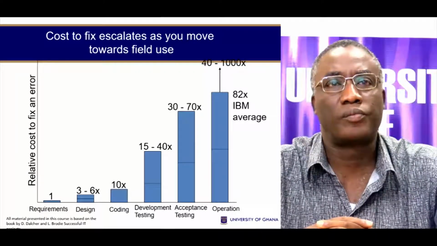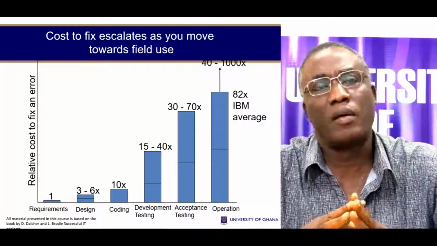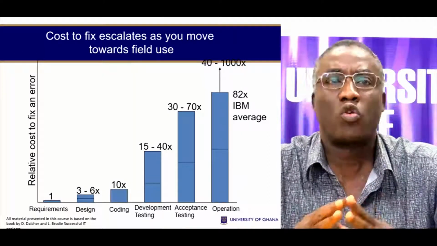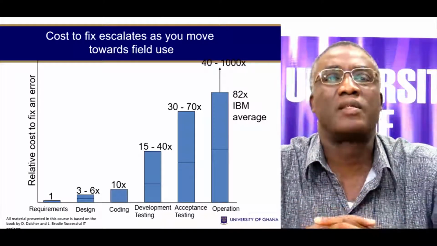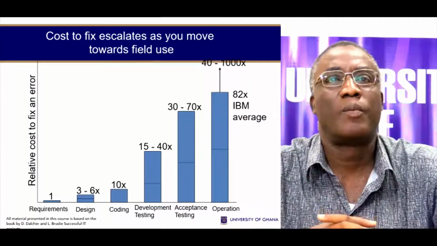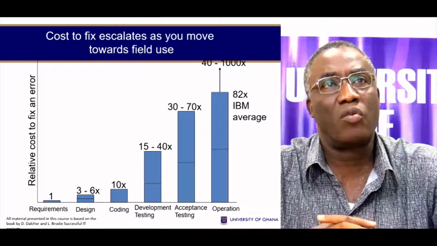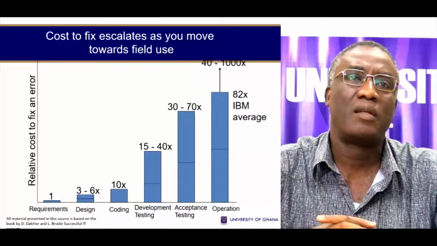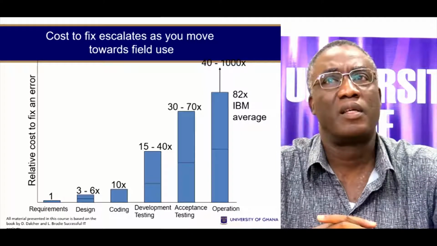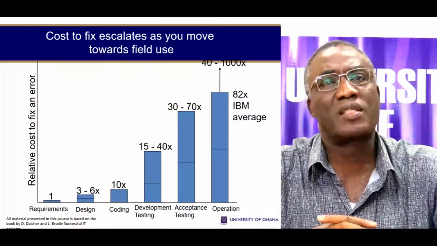So, assuming you find the error during the requirement stage, then that's a unit 1. Then if the error is found at the design stage, the cost to fix it goes up by 3 to 6 times.